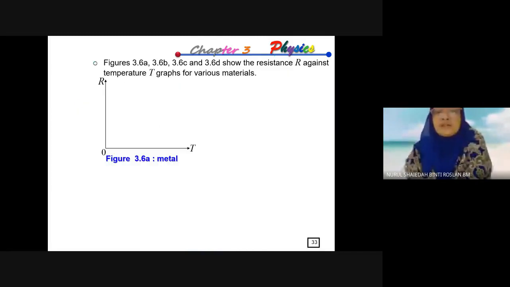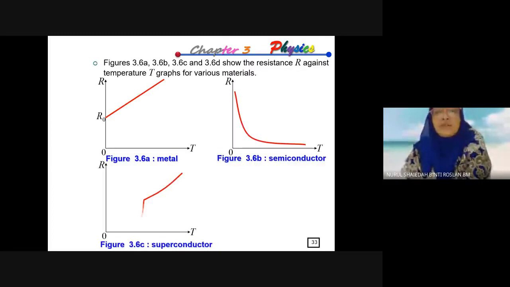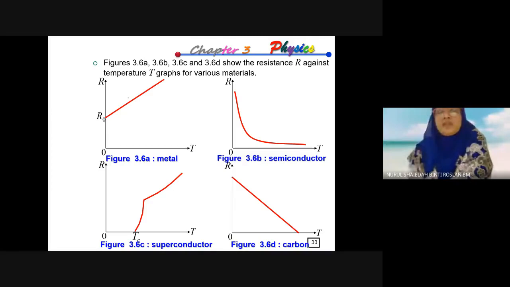Atau rho tu boleh. Alpha. Ini dia punya graf ni tak ada. Dalam unit outcome ni pun tak ada pasal graf. So ini kenapa graf dia macam ni, sebabkan formula tadi R0 1 plus alpha delta T, so ada 1. So dia ada pintasan.